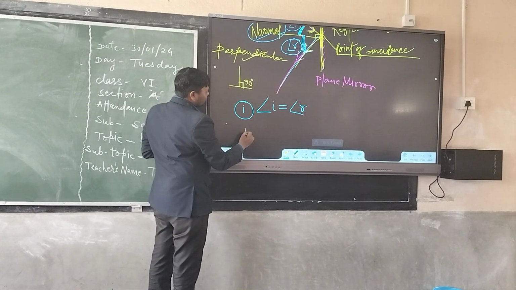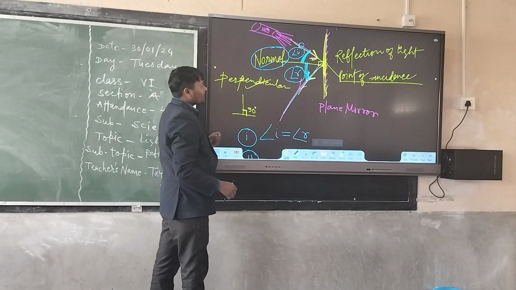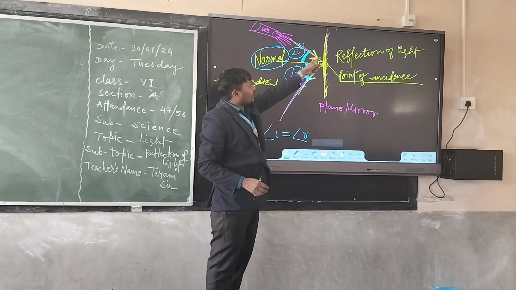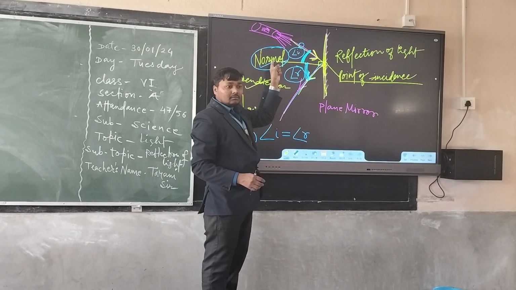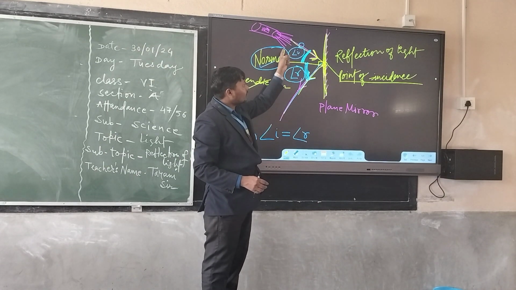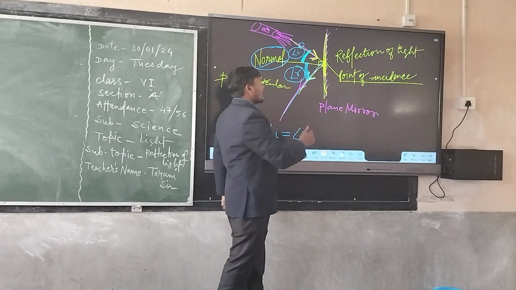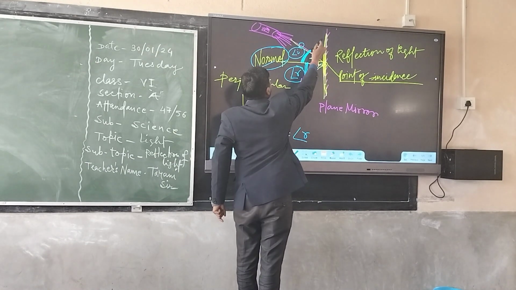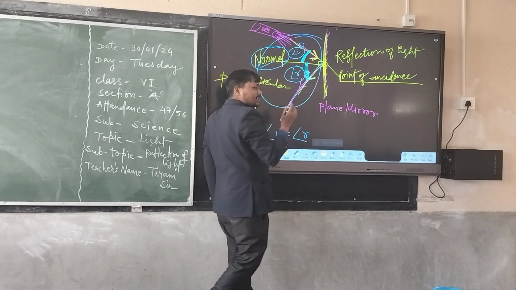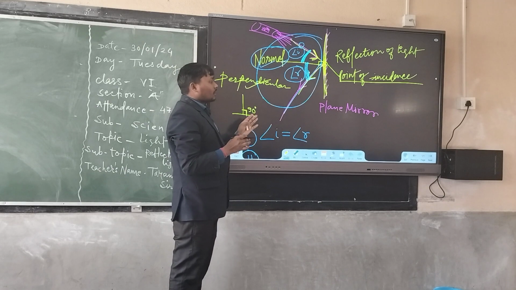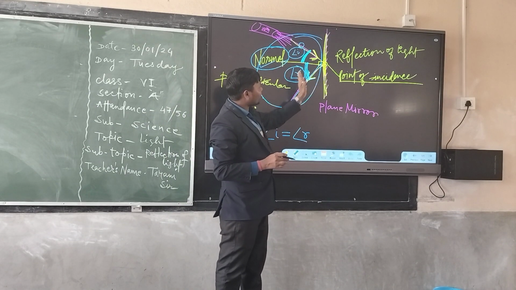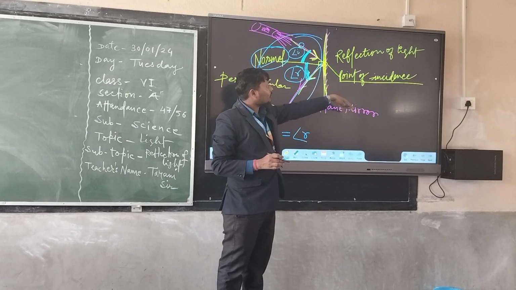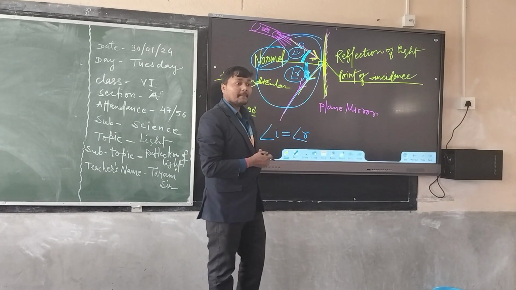The second thing: the incident ray, the reflected ray, and the normal, all three are always placed in one plane. Does any part of the incident ray, normal, or reflected ray pass behind the mirror?